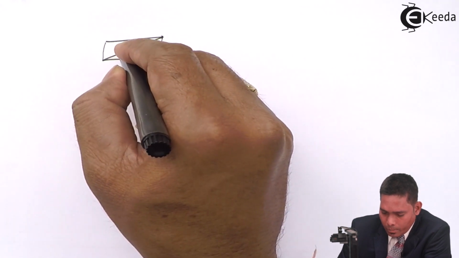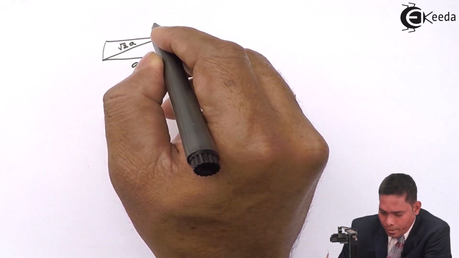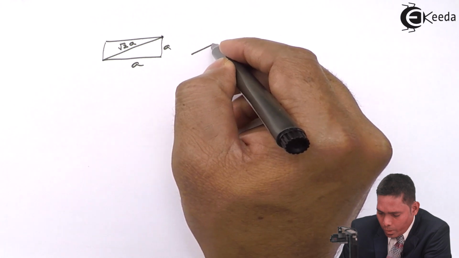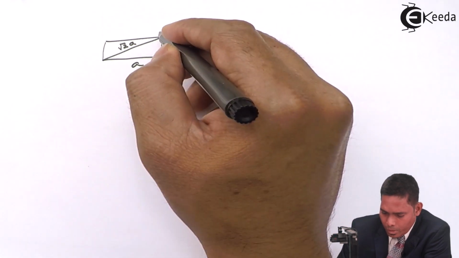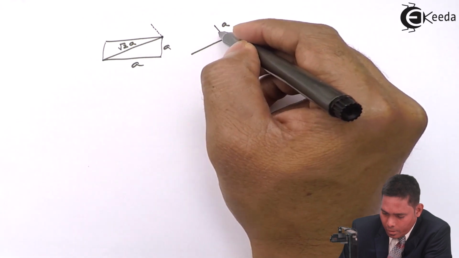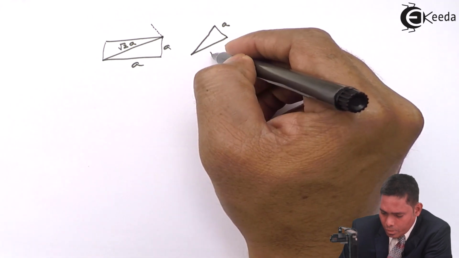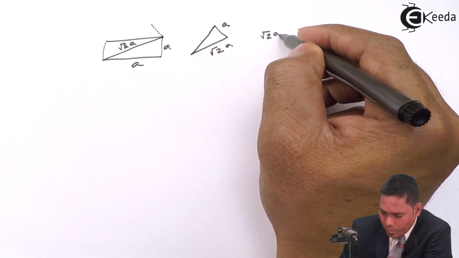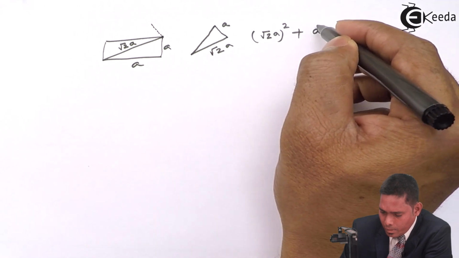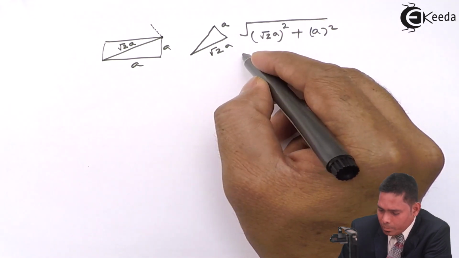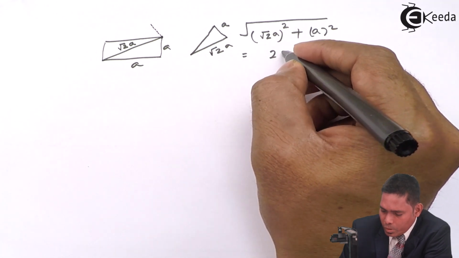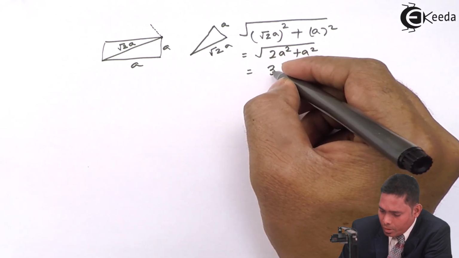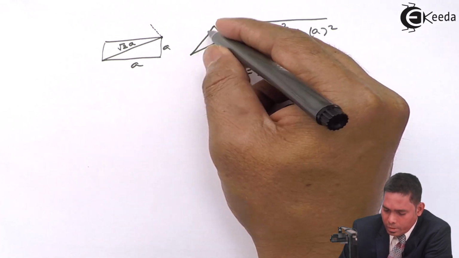So the face diagonal is root 2 a, then I move up by a. Root 2 a and a give the body diagonal, which is the square root of (root 2 a) squared plus a squared, that is the square root of 2a squared plus a squared, which is the square root of 3a squared.